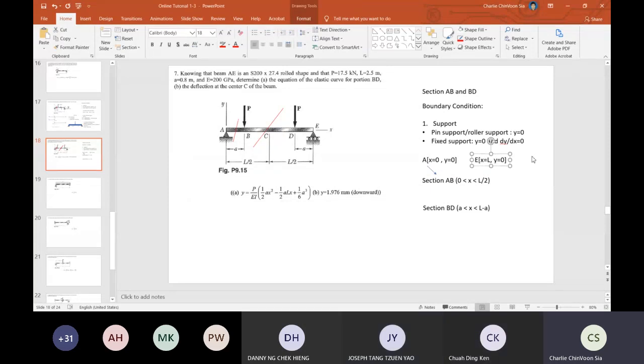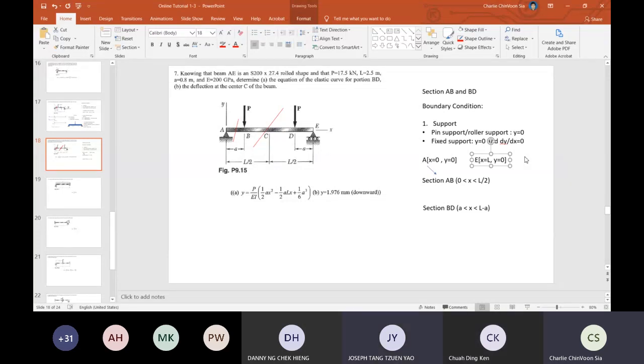Okay, so next is point E. For point E, we will have x equals L, y equals 0. So for this boundary condition, can we apply it for section AB or section BD? Cannot. Why? Because it's outside of the range. So therefore, you don't simply substitute the boundary condition into any equation.